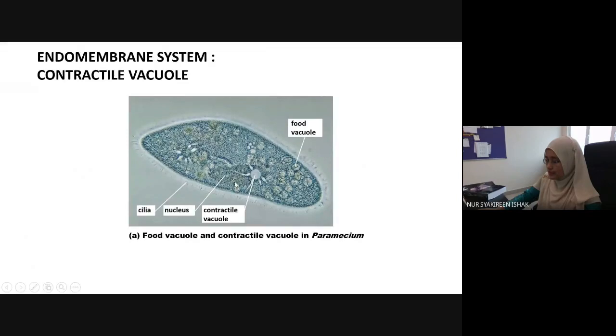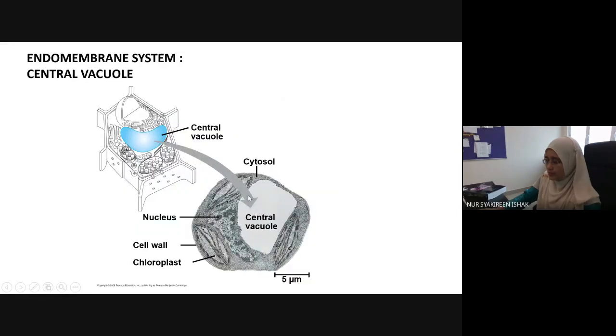So this is the structure of a contractile vacuole of a paramecium. Paramecium is an example of protists. Okay, so they also contain food vacuole. So this is the central vacuole, which contains a large amount of cell sap or water that causes the cell to be turgid.